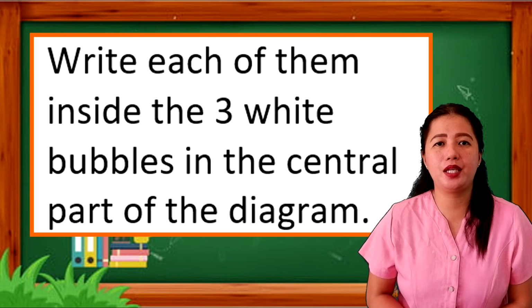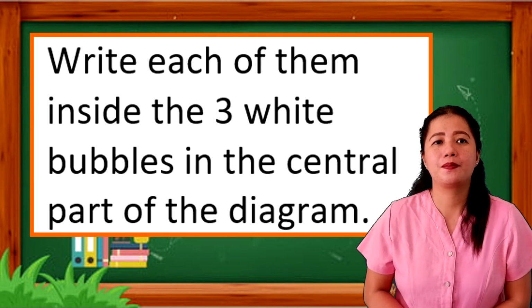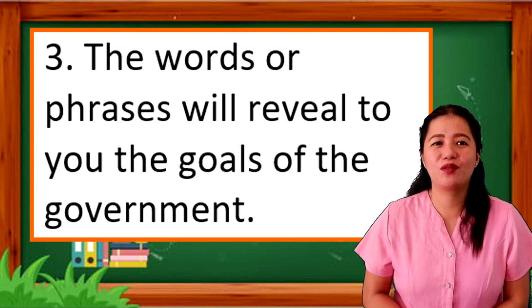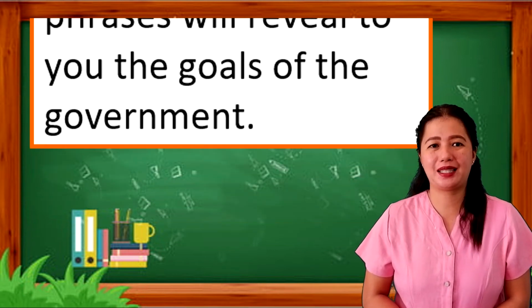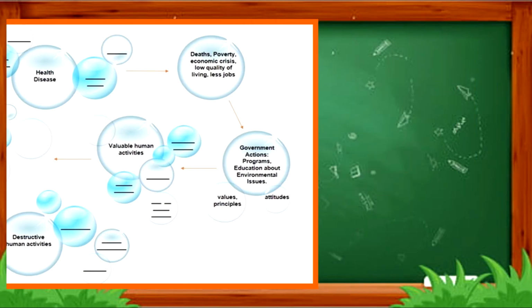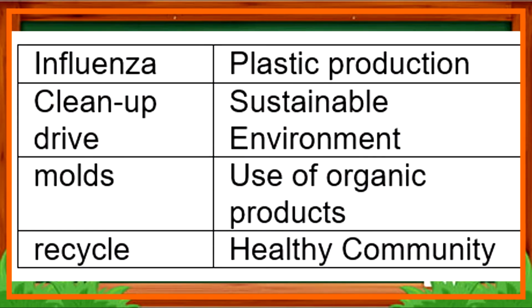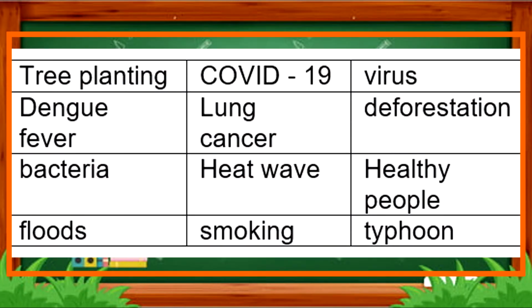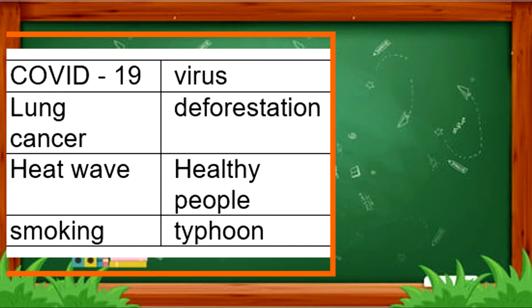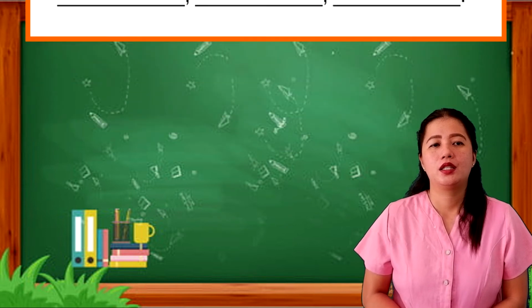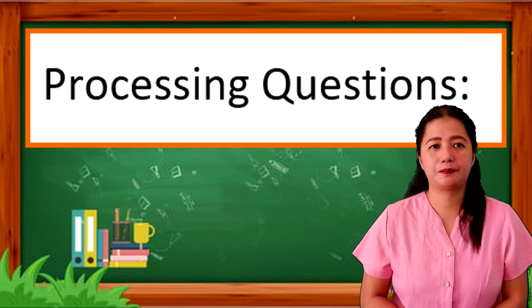Write each of them inside the 3 white bubbles in the central part of the diagram. Number 3. The words or phrases will reveal to you the goals of the government. The goals of the government are... Now we have processing questions.